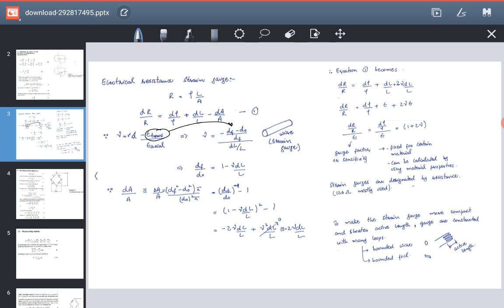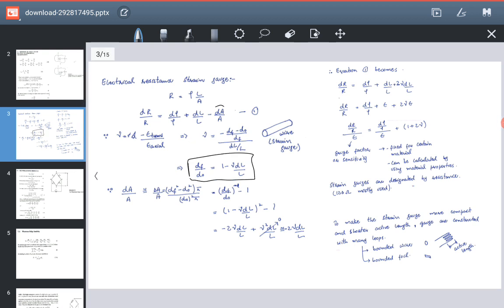And what we have to do right now is find dF upon dF, which will be 1. You take it on the other side, and we get dF upon d naught as 1 minus vdF upon L.